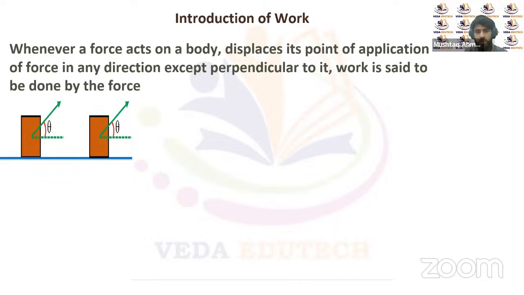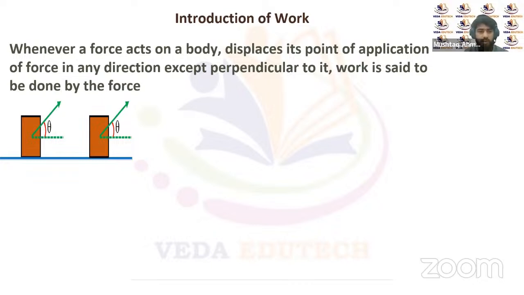Right? So in physics, you know that work is said to be done when a force applied to a body or an object displaces it through a small displacement. Whenever an external force displaces a body, we say that work has been done.